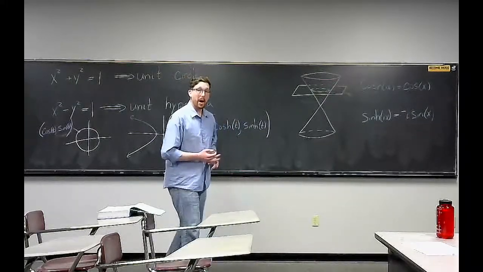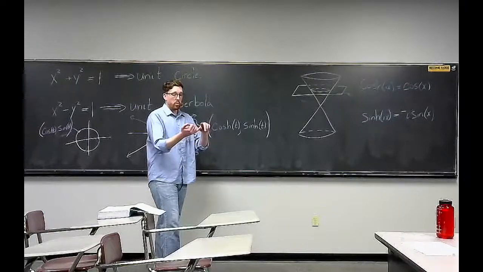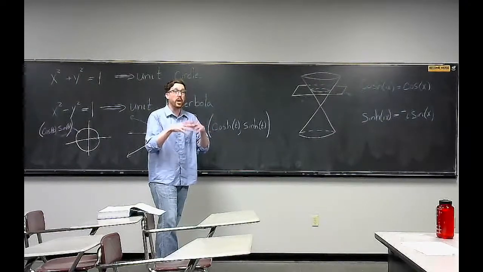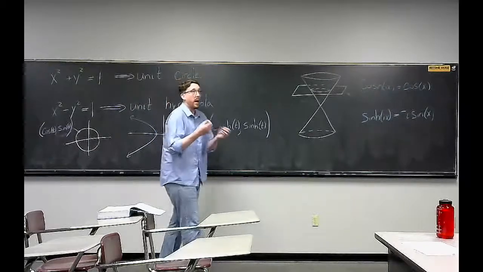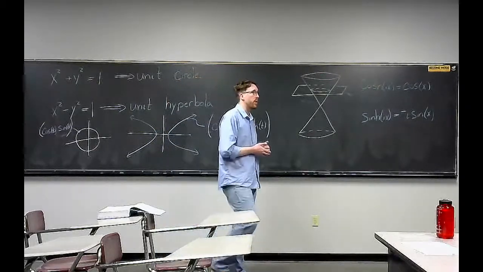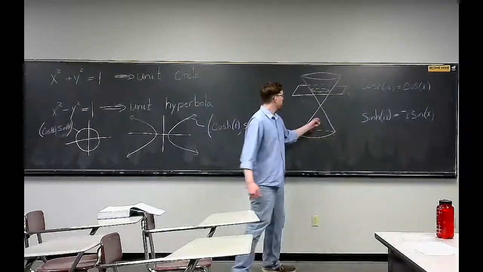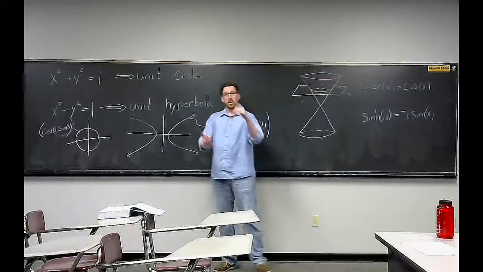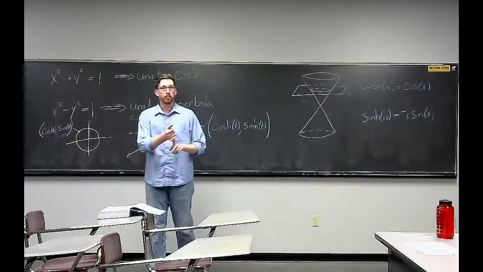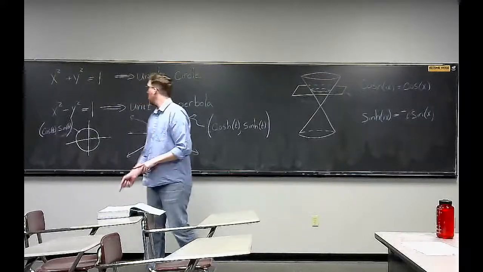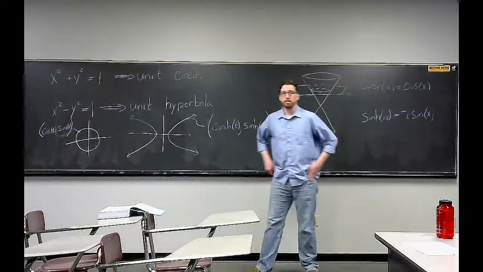You can also get parabolas. So conic sections describe the shapes, the graphs or shapes, however you want to think of it, that you get by intersecting a plane with these cones. And you can get, like I said, a circle, an ellipse, a parabola, or a hyperbola.